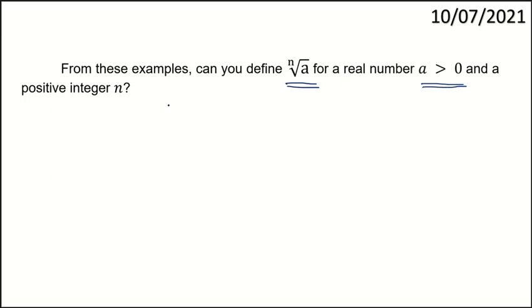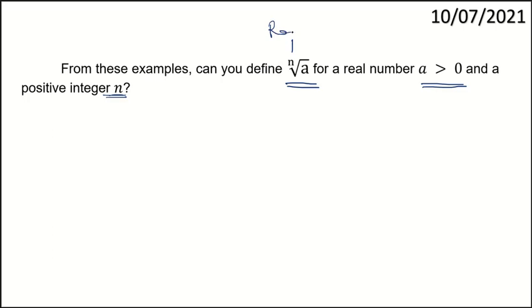Here, nth root a, where a is a positive real number and n is also a positive integer. n is a positive integer. There are names in this radical form.